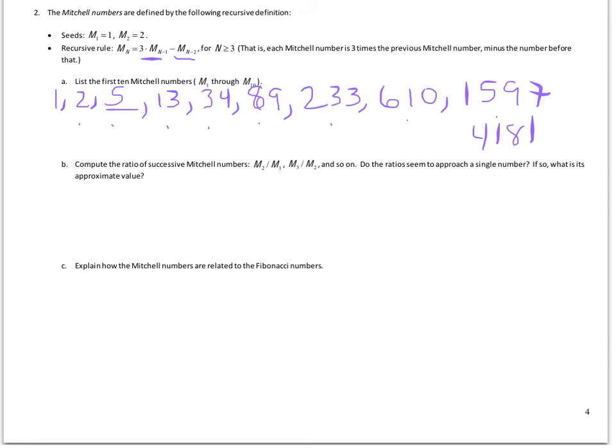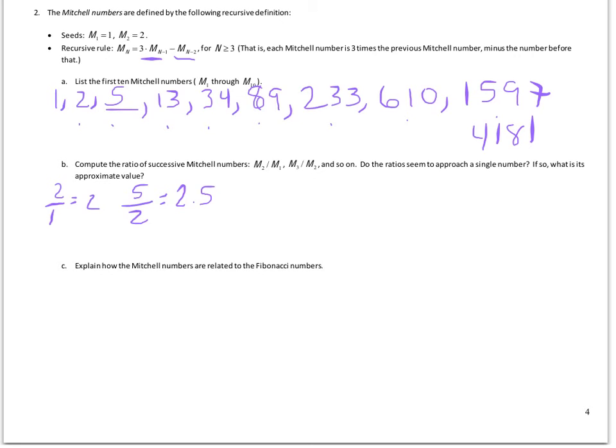So I want to compute the ratio of some successive Mitchell numbers, M2 over M1, M3 over M2, and so on. So M2 over M1, that would be 2 over 1, which is 2. M3 over M2, that would be 5 over 2, which is 2.5.